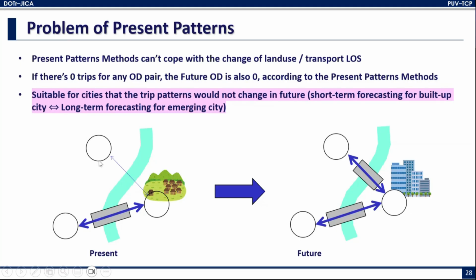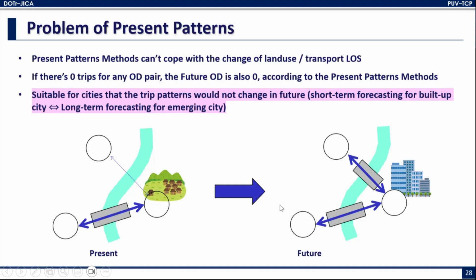However, between zone B and zone C there is no bridge, so people from zone C go into zone A, passing the bridge over the river. So as of today, there is no trip demand between zone B and zone C.